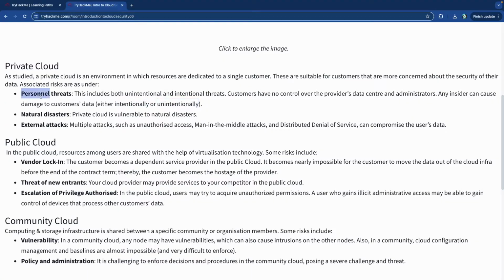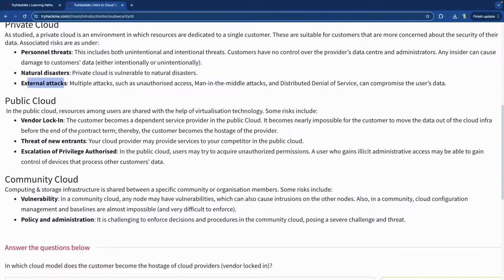So that's the personnel of the service provider. Then you have natural disasters, which is very basic to understand. Then you have external attacks, such as unauthorized access, man-in-the-middle attacks, and distributed denial of service attacks that can compromise the user's data. So if we're the user and we're talking about the cloud service provider, somebody attacking the cloud service provider affects us, right?